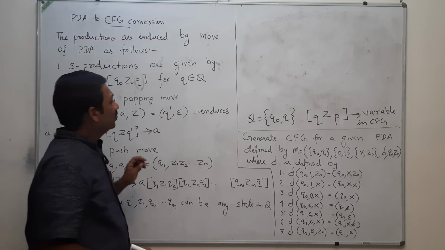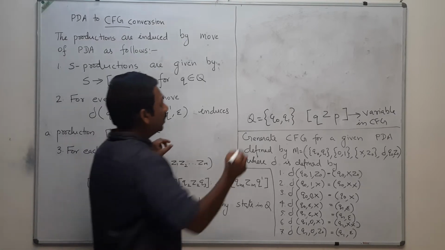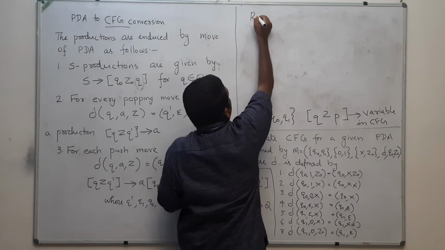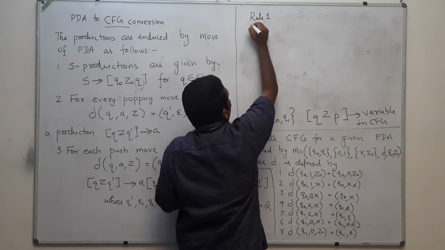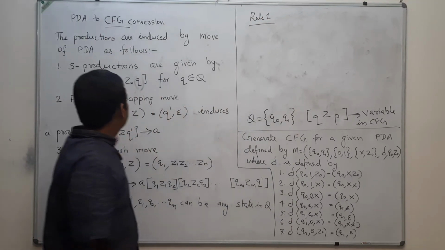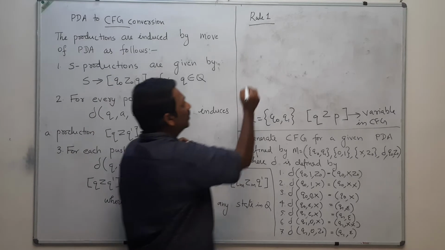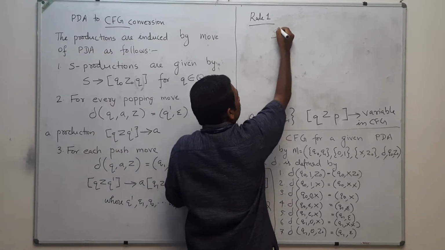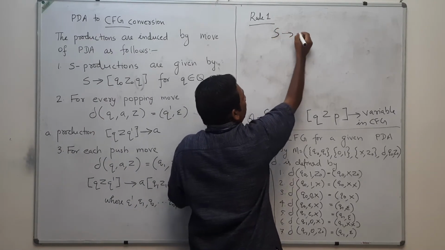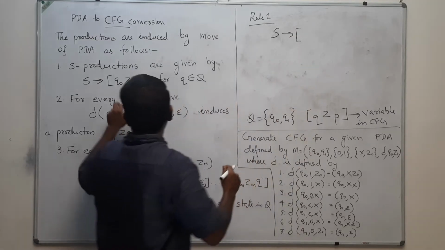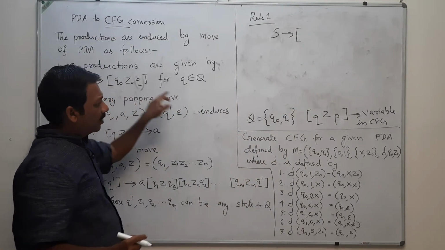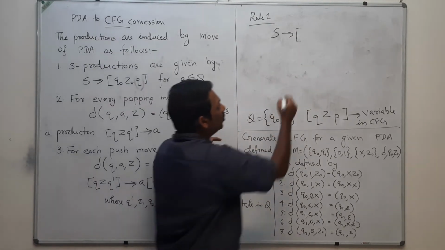And now, as per rule 1, we have S derives, what is that? [q0, Z0, q0], the first element of this.